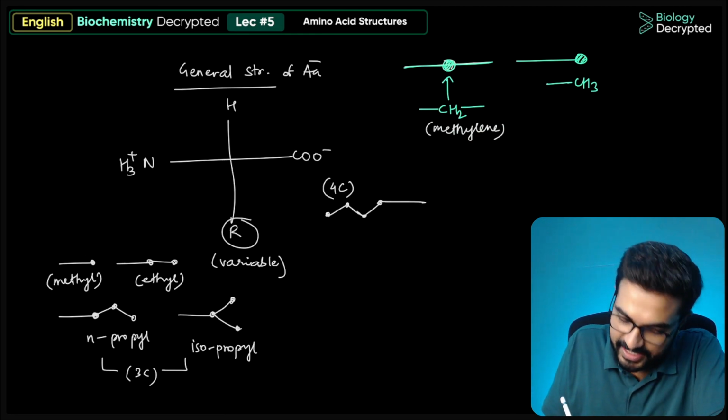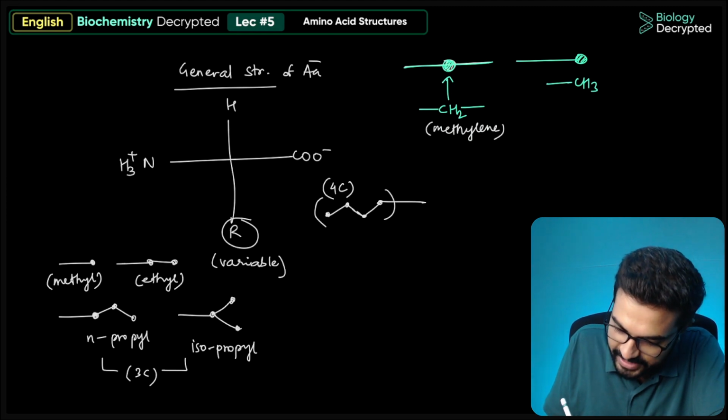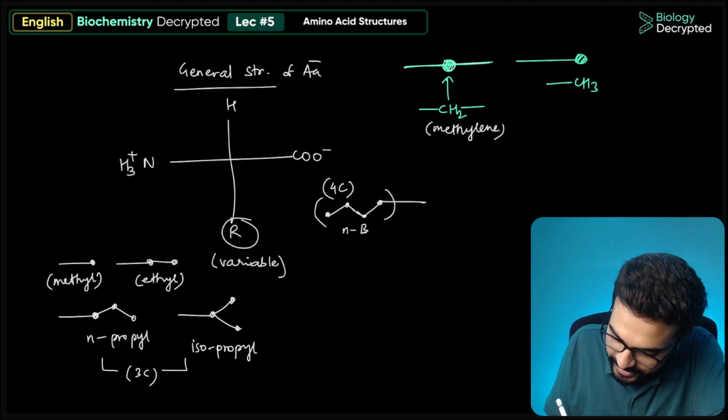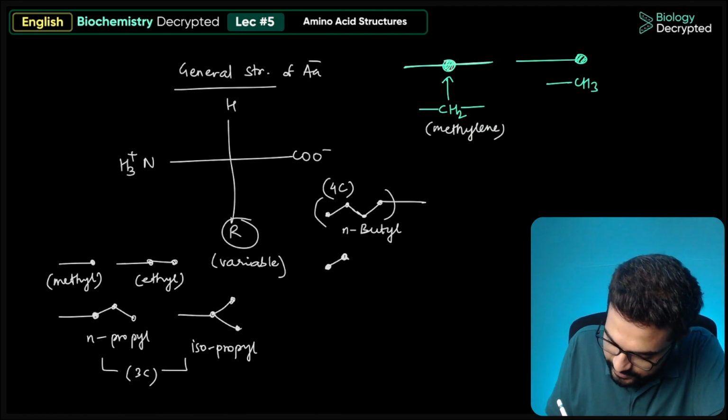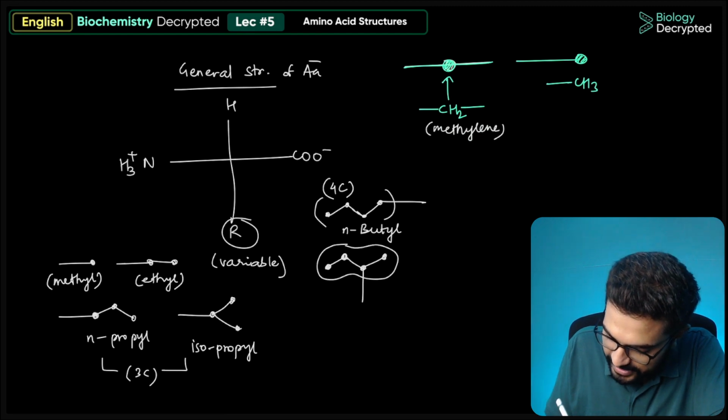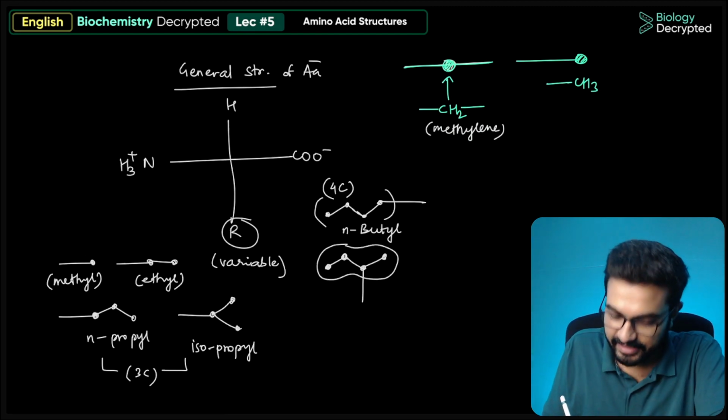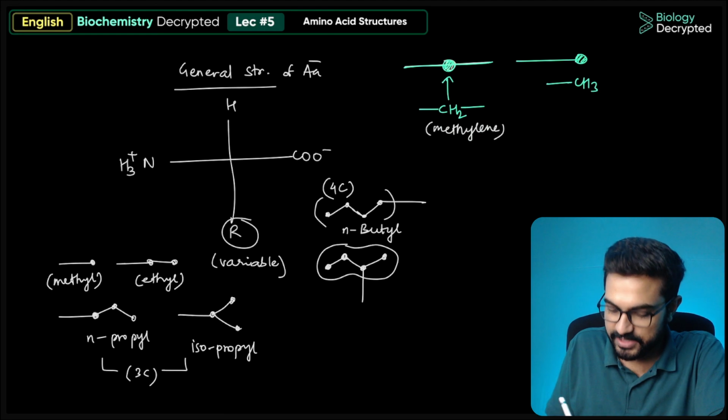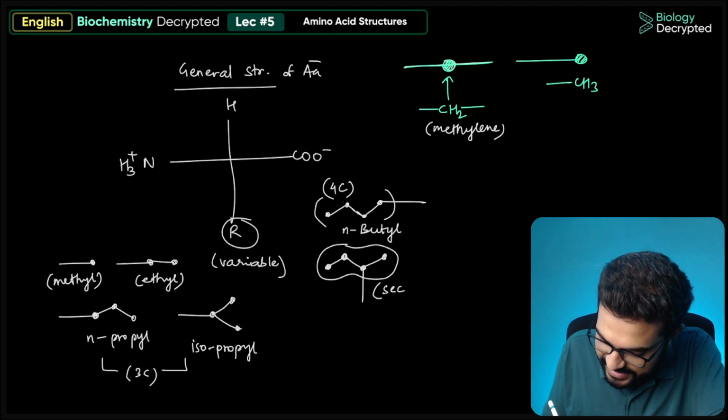This group will be called N-butyl. Then we can have this kind of a group, where this is the secondary carbon, so we'll call it sec-butyl.